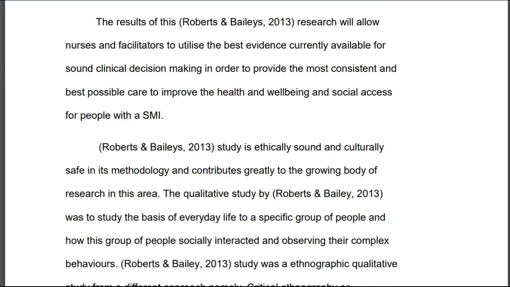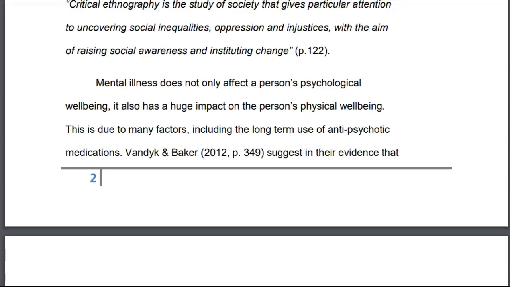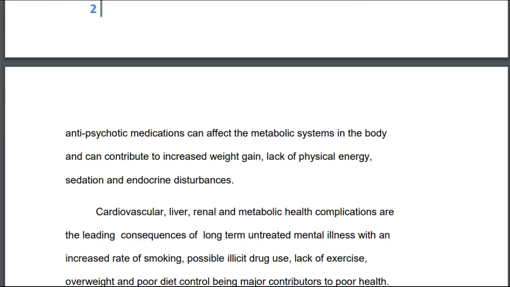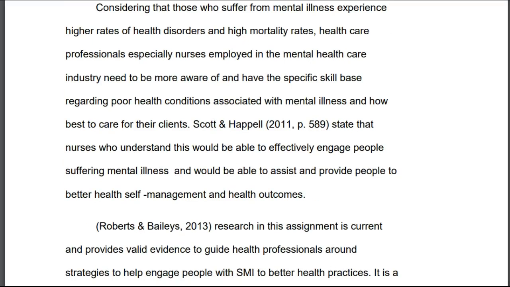Now, throughout the rest of this paper, we don't see a great deal of signposting between paragraphs. Sometimes people will say, we'll do that.